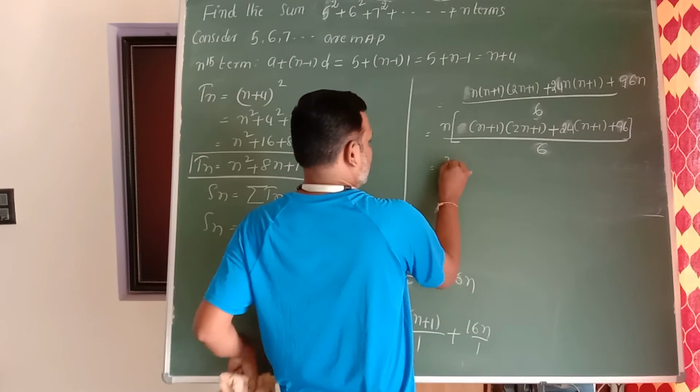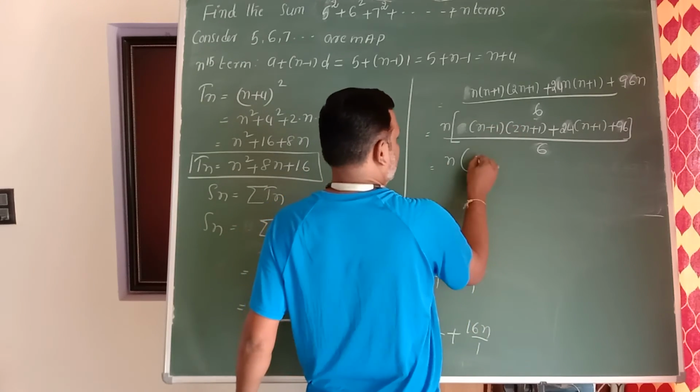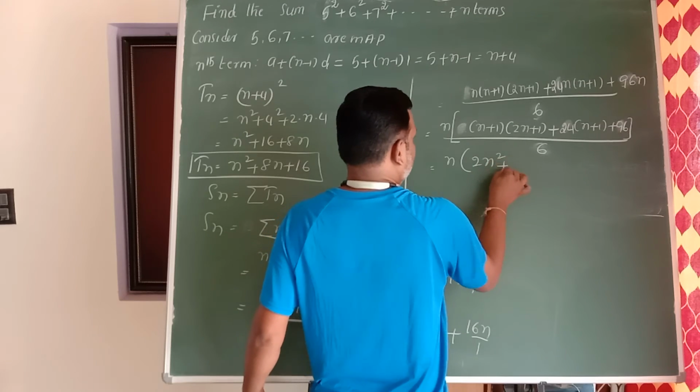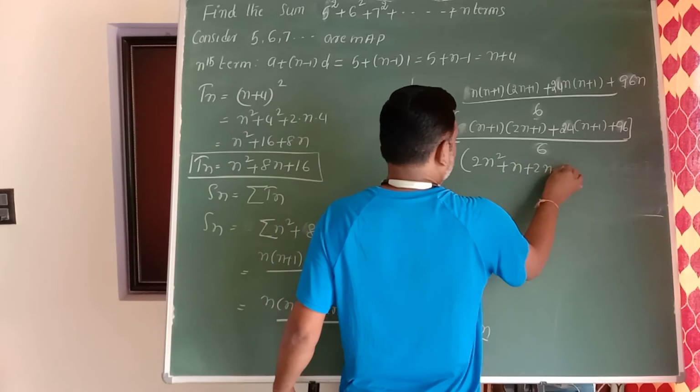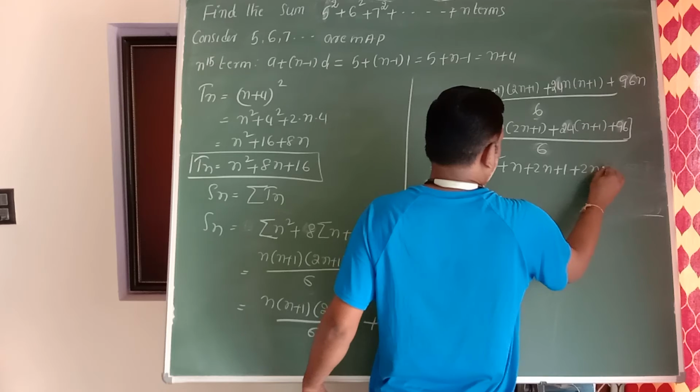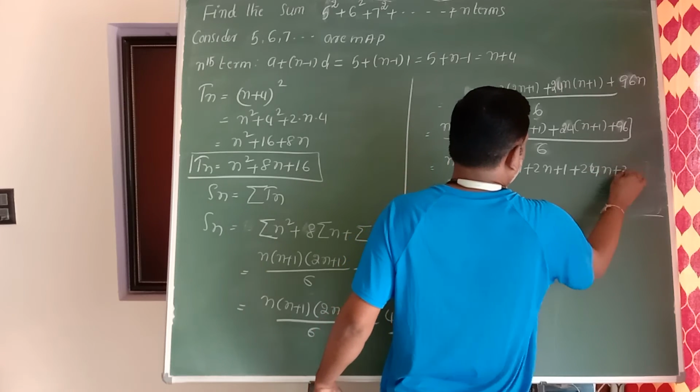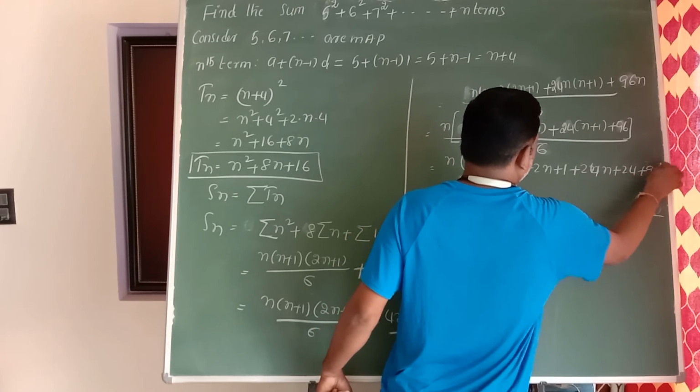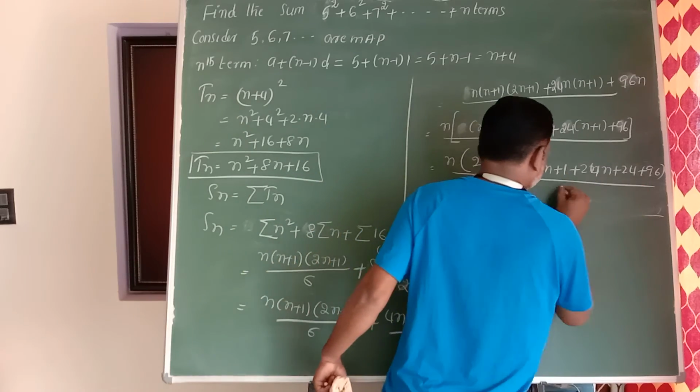Now n into, by multiplying this, becomes 2n square plus n plus 2n plus 1 plus 24n plus 24 plus 96, whole divided by 6.